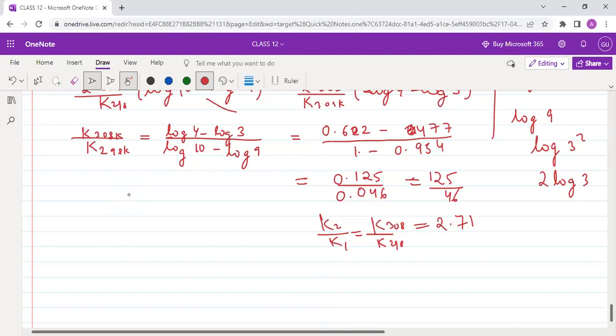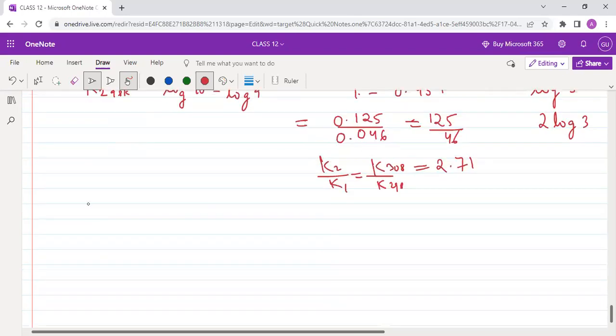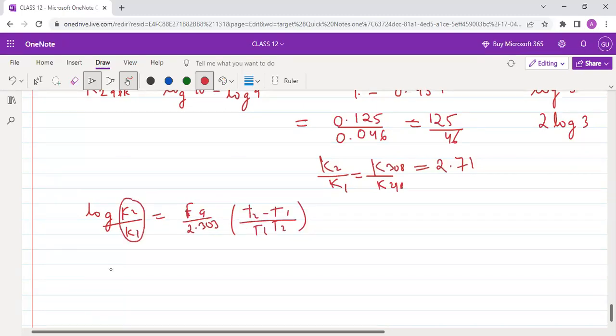You'll use that equation and solve for the activation energy. So log K2 by K1 is equal to Ea by 2.303 R times T2 minus T1 upon T1 into T2. So you have got this value K2 by K1, so you'll put it here.